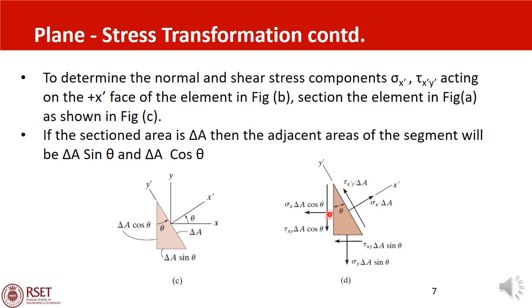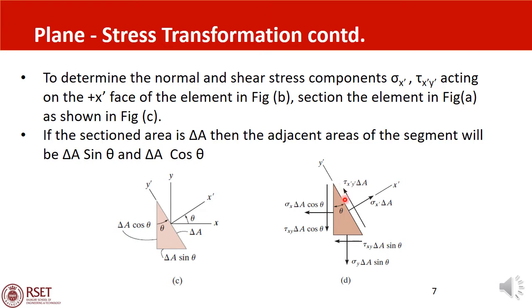It is multiplied by the corresponding area to get the corresponding force as sigma x delta A cos theta. And on the vertical face we have the shear stress tau xy. It is multiplied by the area delta A cos theta, so that the shear force is tau xy delta A cos theta. And similarly for the bottom face we get the shear force as tau xy delta A sin theta.